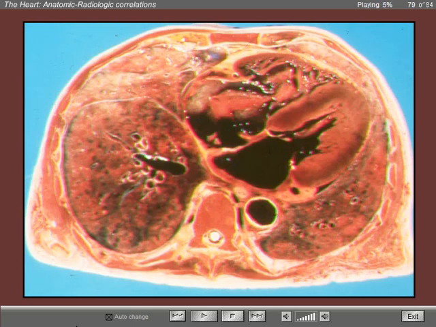This is the lowest section that we made of the heart, where we can see the trabeculated right ventricle in front, the right atrium to your left, the thick-walled left ventricle with a very thick interventricular septum. Note the very thin interatrial septum, and behind it you can see the left atrium. We again note the very heavily calcified descending aorta.